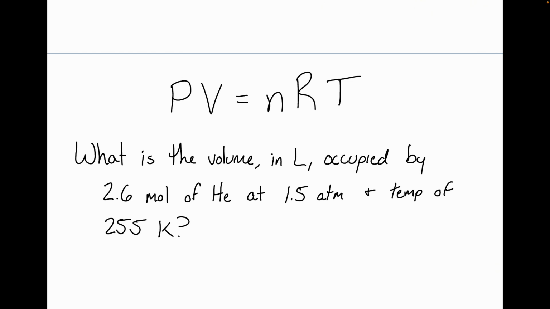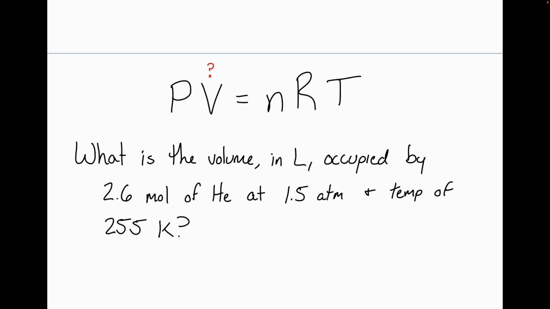All right, so this would be a problem that utilizes our ideal gas law in a very straightforward way here. If we look at what we're given in the problem and what we're being asked for, what we're being asked for here is the volume in liters. What do I always have in my ideal gas law?